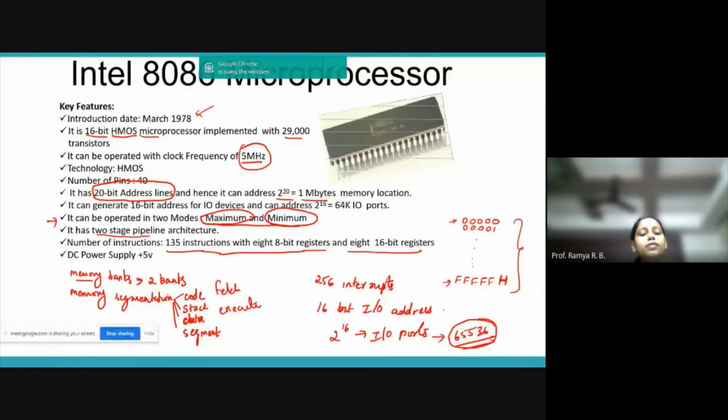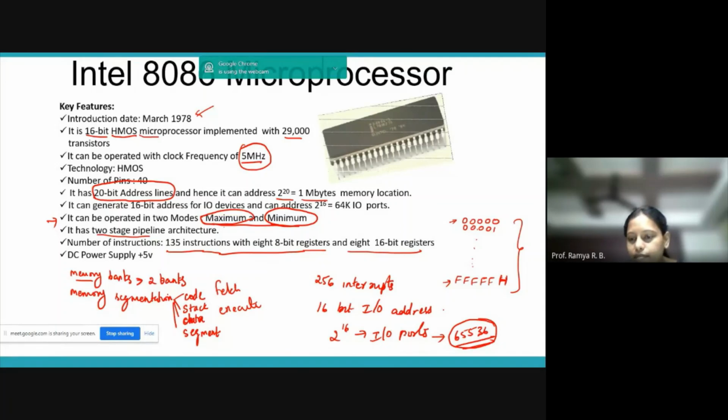It has the concept of memory segmentation. It can support 256 interrupts. It has an instruction set with a size of 135 instructions. These are all the major points which you have to keep in mind regarding the features of 8086 microprocessor.